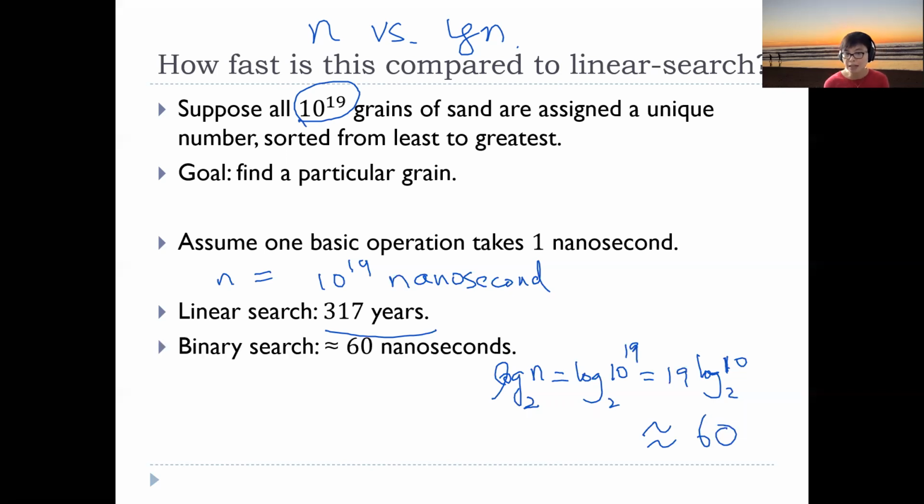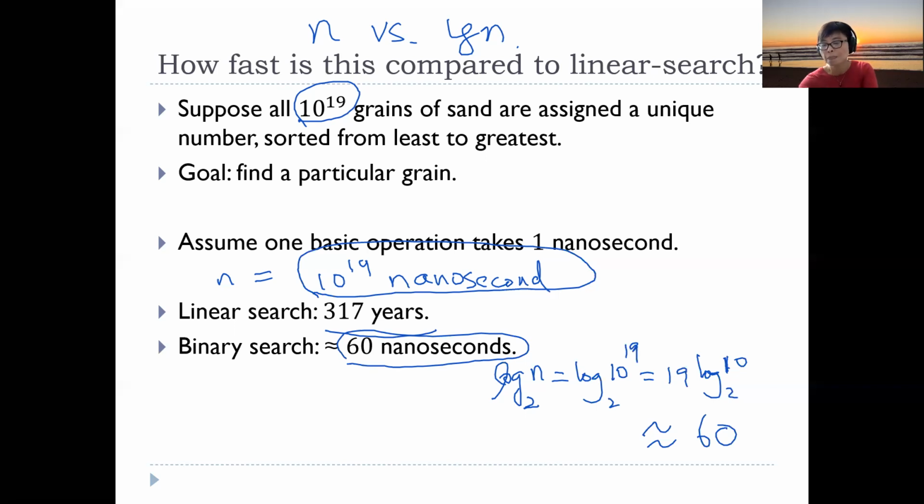So if you do binary search, you only have 60 nanoseconds. Yet if you do linear search, this is 10 to the 19th nanoseconds, which is more than 300 years. So the difference is huge when your input size is large. Logarithmic is far more efficient than linear.